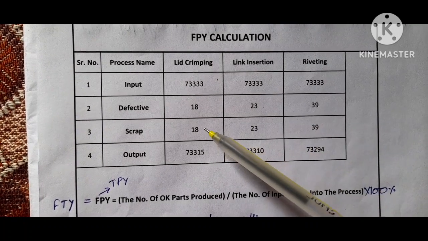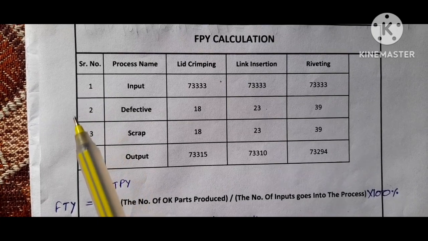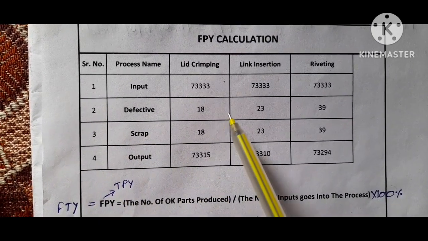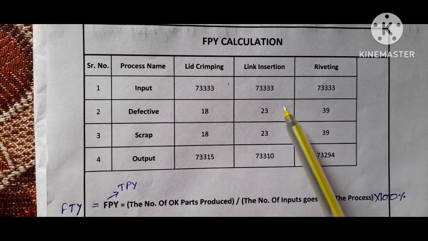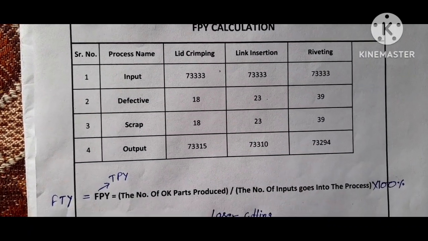We don't consider any repaired or reworked parts, so 18, 23 and 39 parts get scrapped.